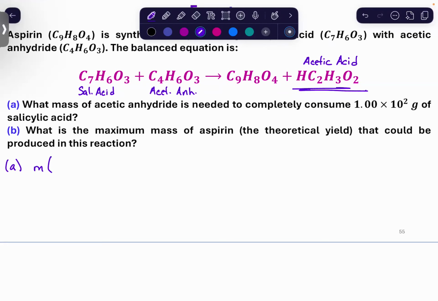We want the mass of acetic anhydride. Okay, what's some things that we know? The mass of salicylic acid that I'm using. If you don't want to write the scientific notation, you can just write 100 grams. That's fine.